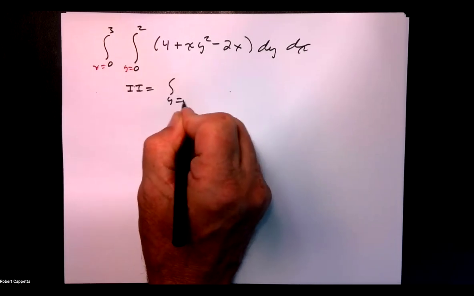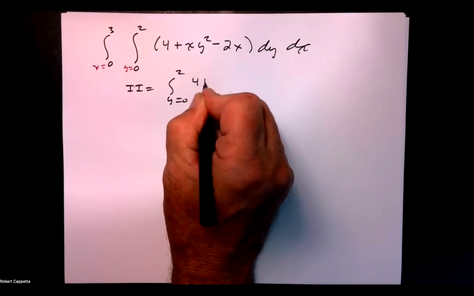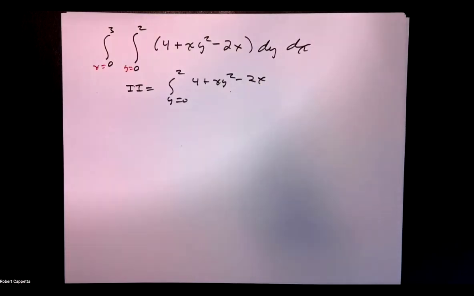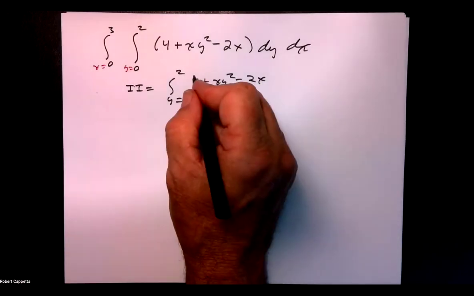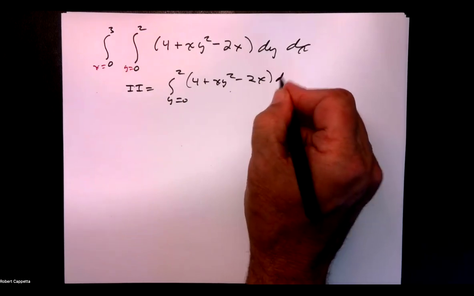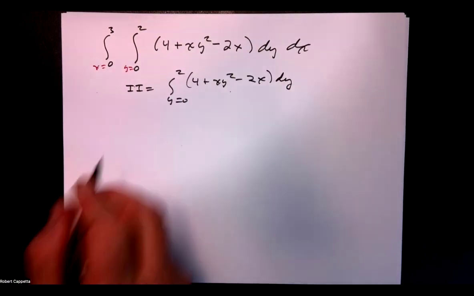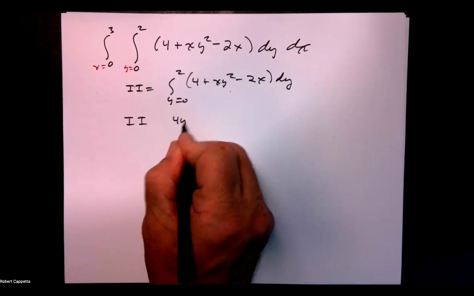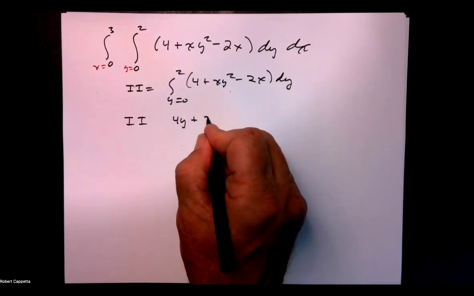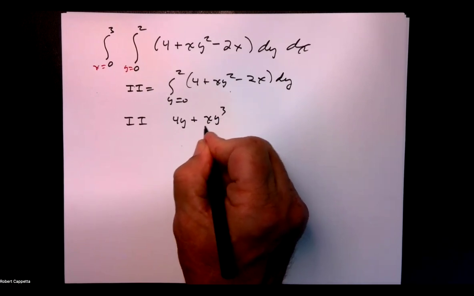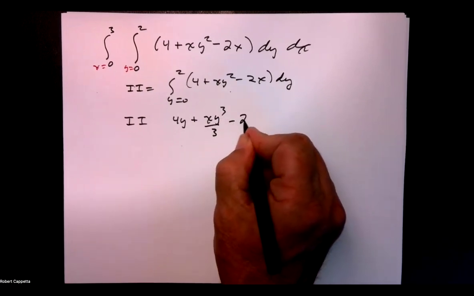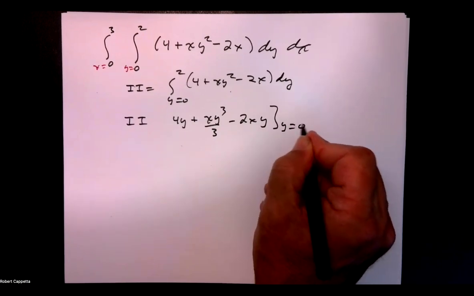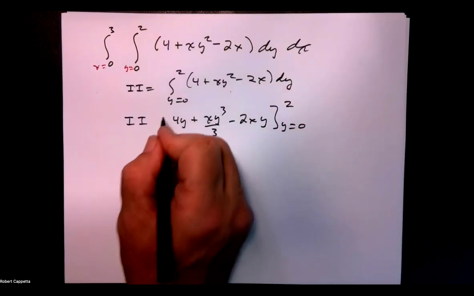Integral as Y goes from 0 to 2 of 4 plus xy squared minus 2x. Y is perceived as a variable. X is perceived as a constant. So that is our inner integral. What do we get? We get 4y plus xy cubed over 3 minus 2x, which is perceived as a constant, times y, evaluated as y goes from 0 to 2.